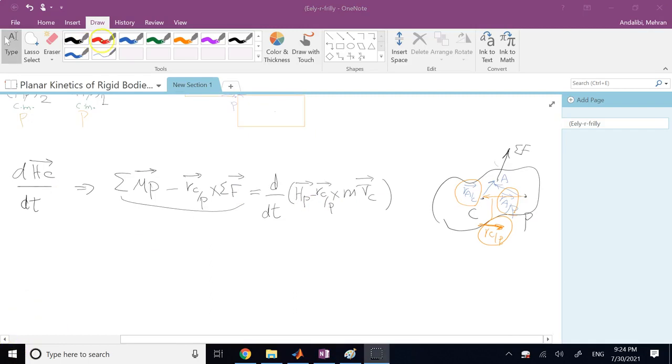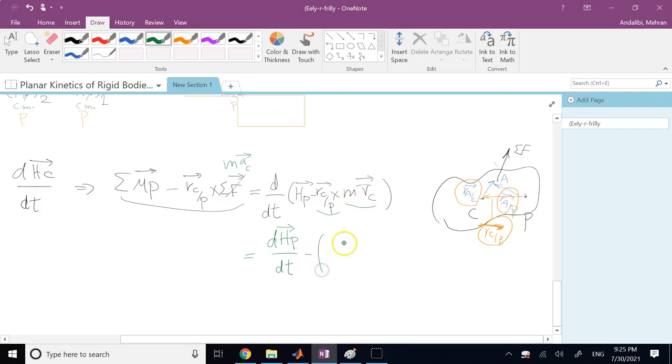Okay, now what can we do? So here, summation of the forces, as you know, this is equal to m times acceleration at point C, right? And the question is, what is the time derivative on the right-hand side? So it is going to be dHP over dt. And then here I have a product of two terms that could be variable. So it's the time derivative of first one cross the second one.